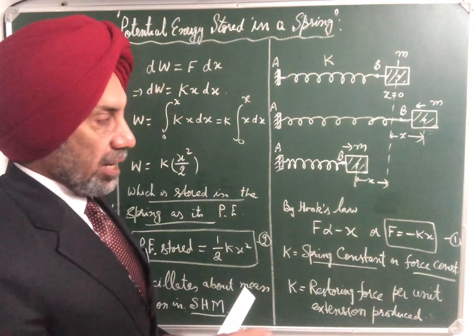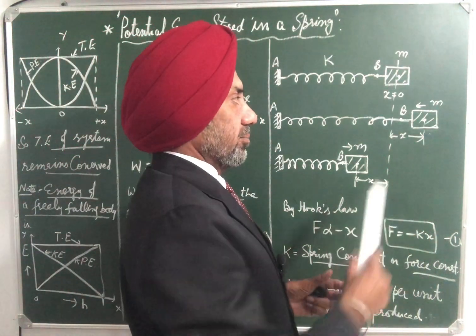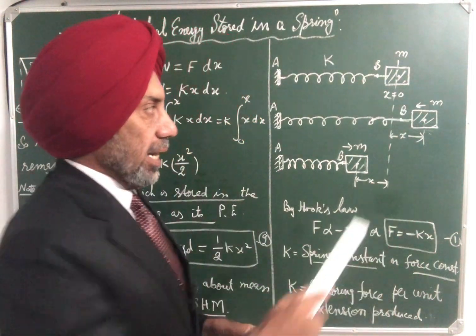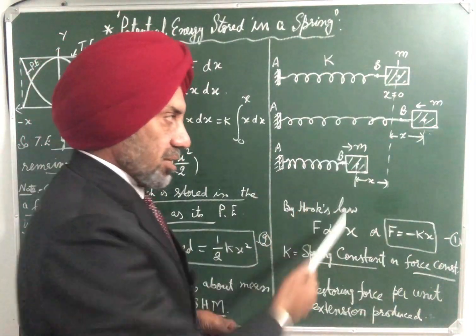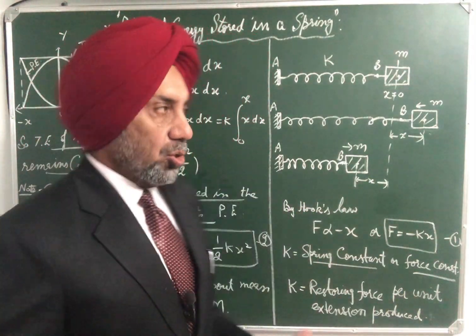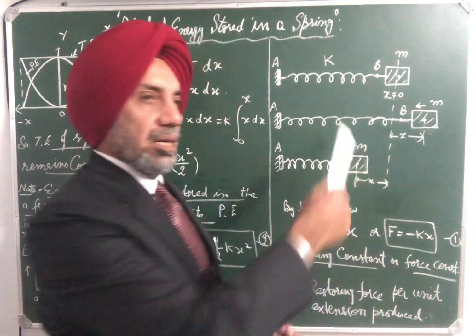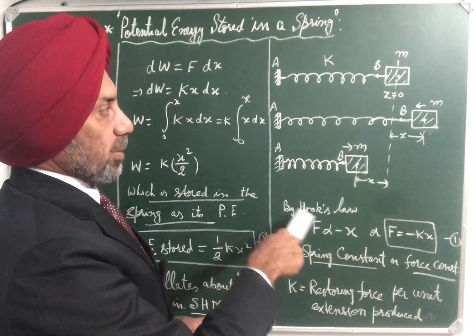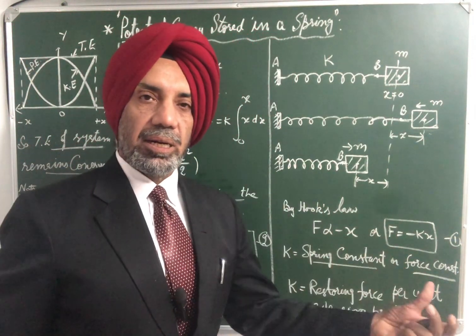That's why when we release the mass, this potential energy is converted into kinetic energy. At the mean position, kinetic energy becomes maximum. Then again, kinetic energy decreases. At the extreme position, potential energy is maximum. So kinetic energy is converted to potential energy and potential energy to kinetic energy. One form of energy is being converted to the other form.